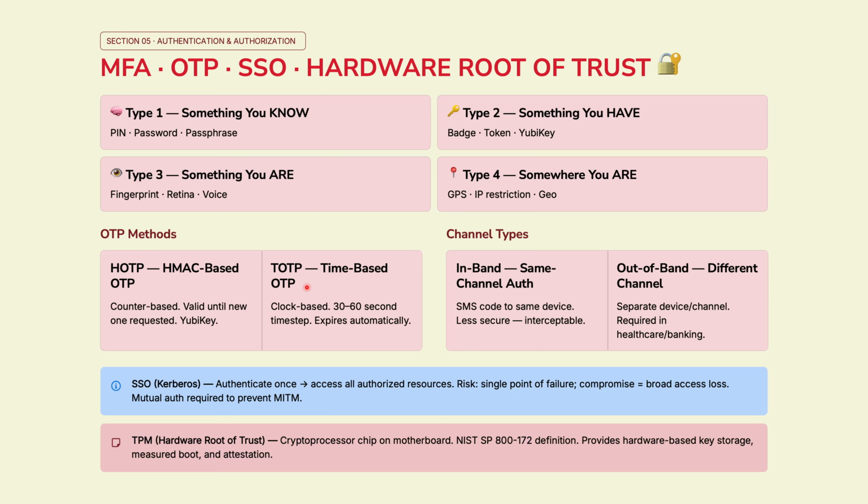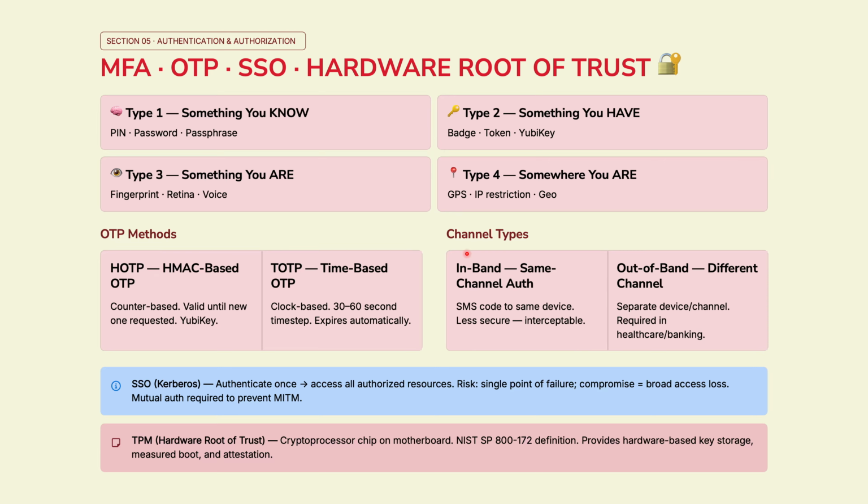Now, TOTP, time-based OTP, uses a clock-based timestamp of 30 to 60 seconds and expires automatically. Authenticator applications, like Microsoft Authenticator, I'm sure you're using it, or Google Authenticator, use this technology.